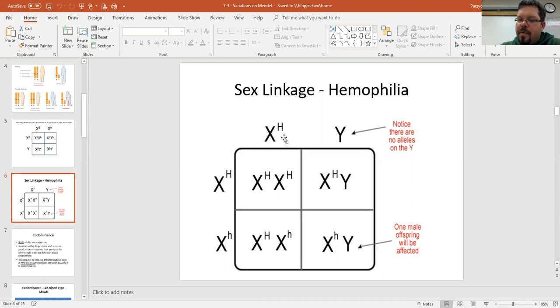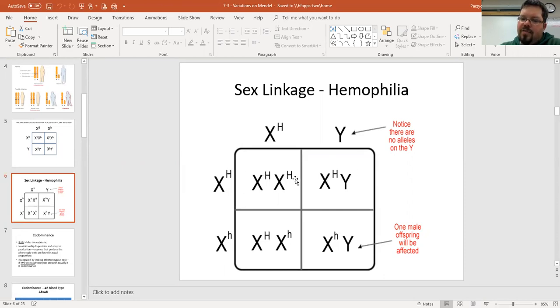Lowercase letters represent the defective allele for hemophilia, and uppercase represents the correctly working form. On the female side, the female is a carrier. She has one of the defective alleles.